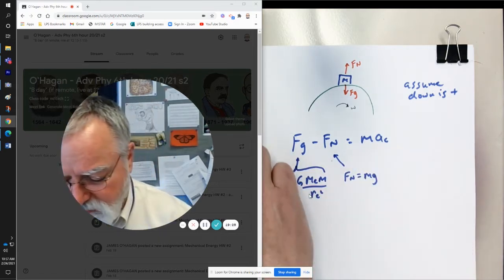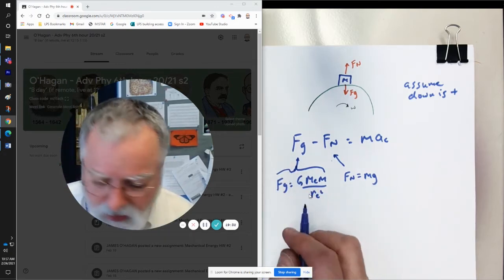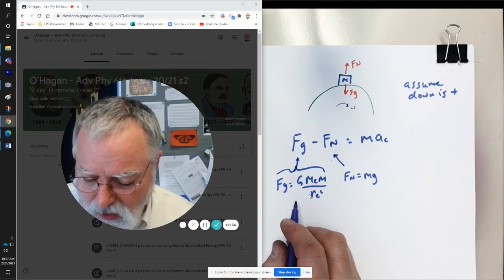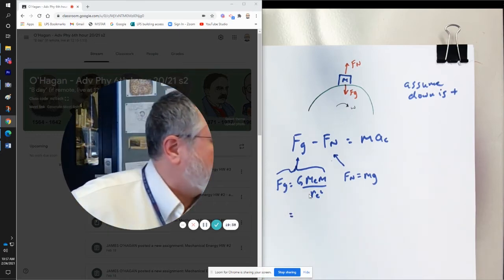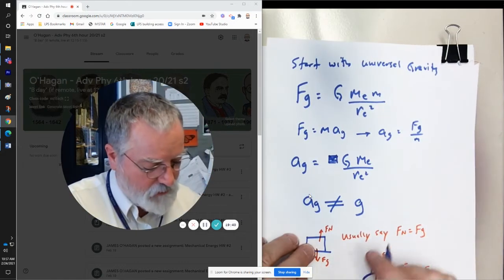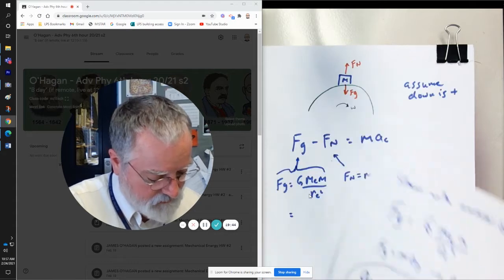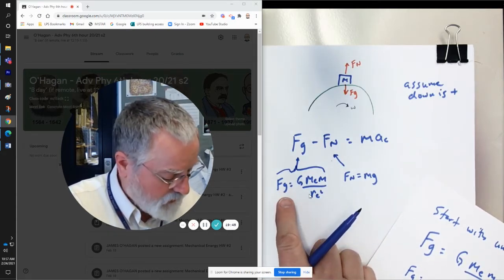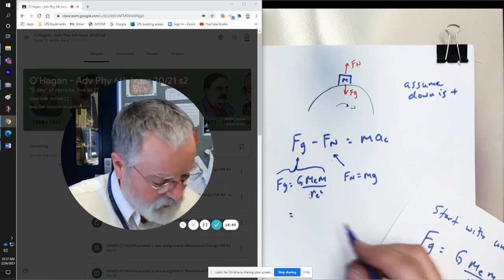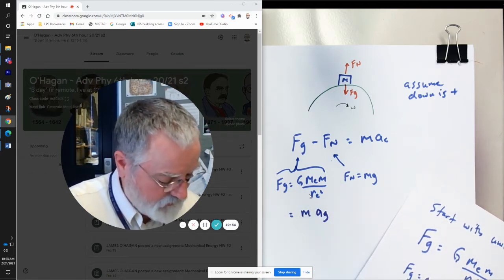And, of course, mass times acceleration. I'm going to take this chunk a little bit further, and I'm going to say the force gravity is going to equal the mass times the acceleration due to gravity.